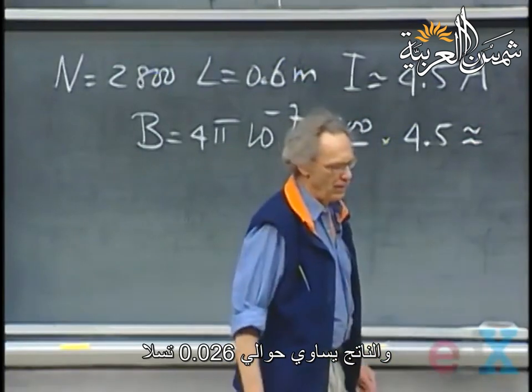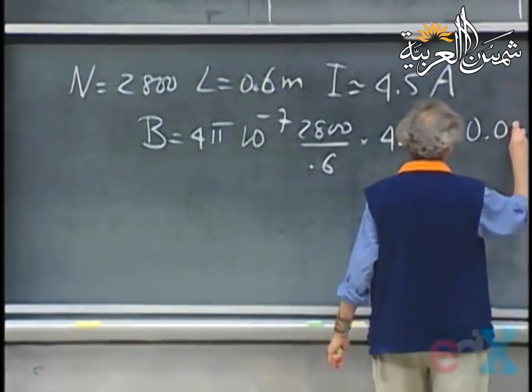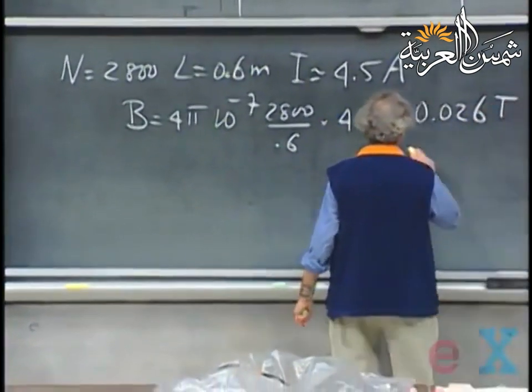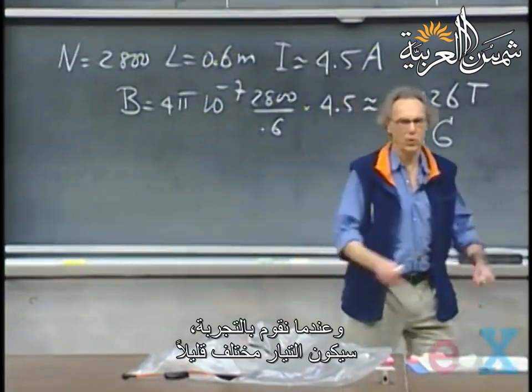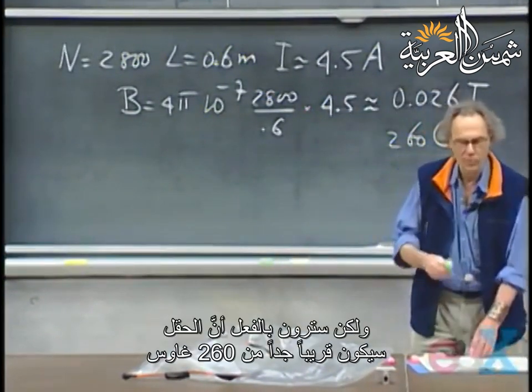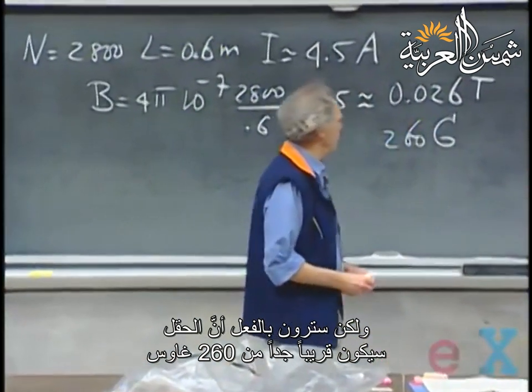And when I do that, I find about 0.026 Tesla. 0.026 Tesla, that is about 260 Gauss. And when we do the experiment, the current will be a little different, but you will see that indeed the field will be very close to 260 Gauss.